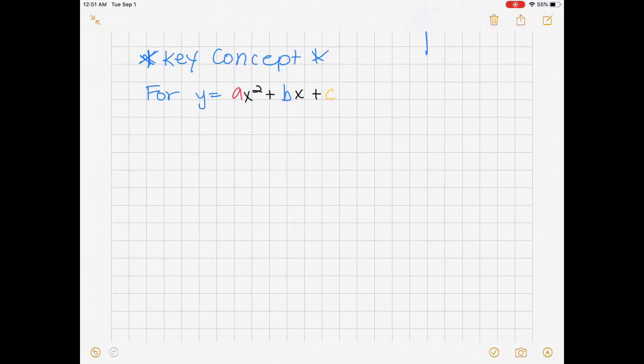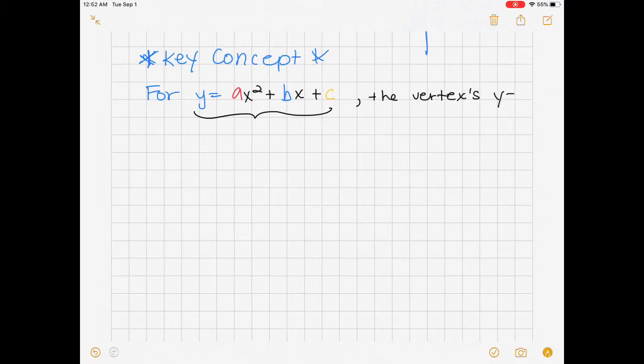Okay, so here's a key concept. For the parabola in standard form, y equals ax squared plus bx plus c, we know that it has a vertex, right? Well, we've been talking a lot about the x value of the vertex, but the vertex also has a y-coordinate.